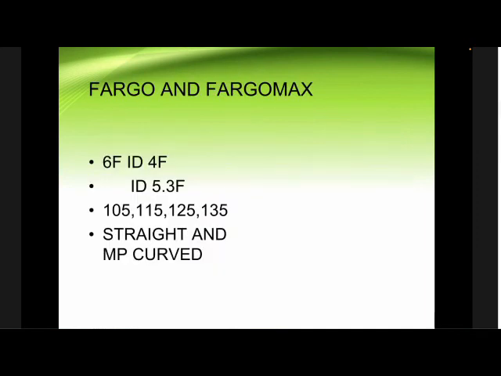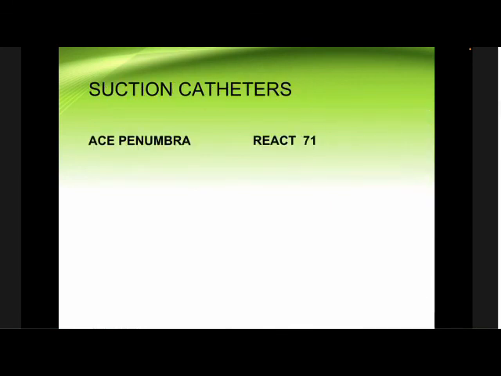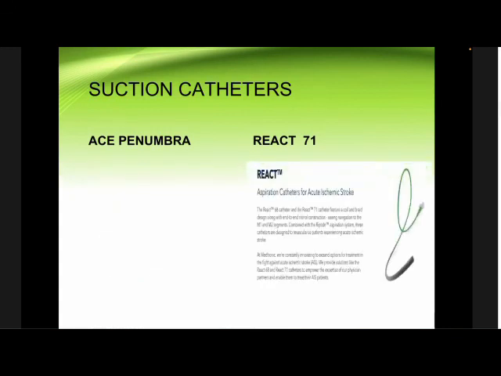Other distal access catheters are Fargo and Fargo Max, and the suction catheters commonly used for mechanical thrombectomy are the ACE and React 71. These are also distal access catheters with a suctioning function.